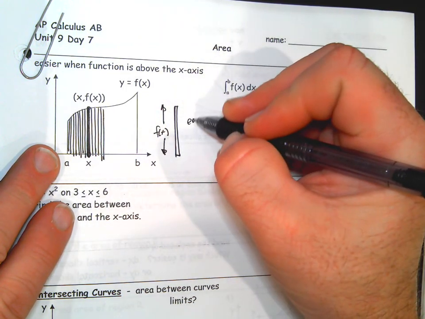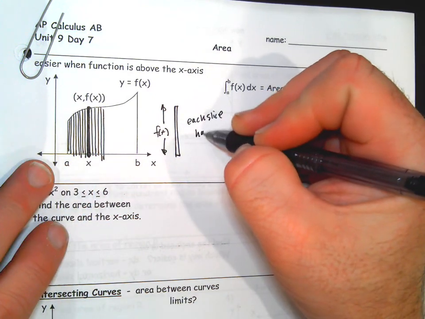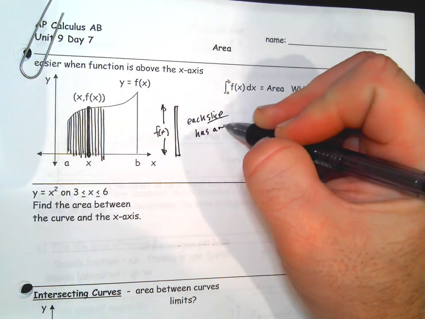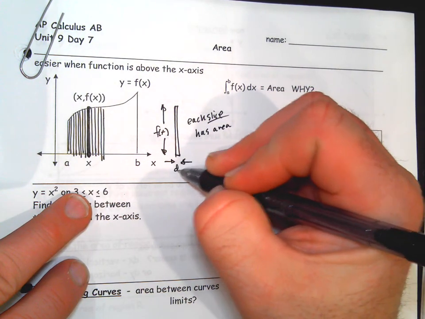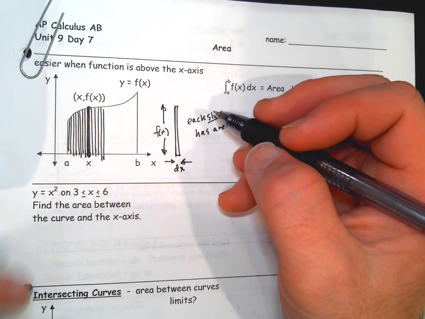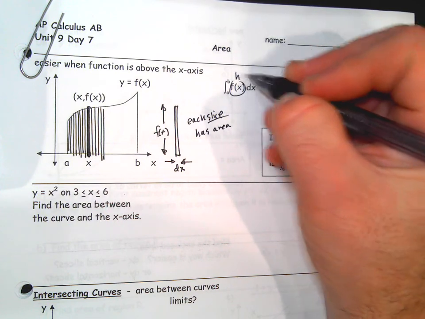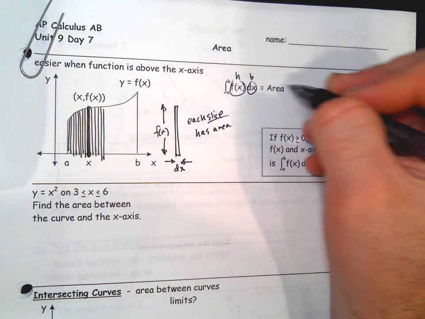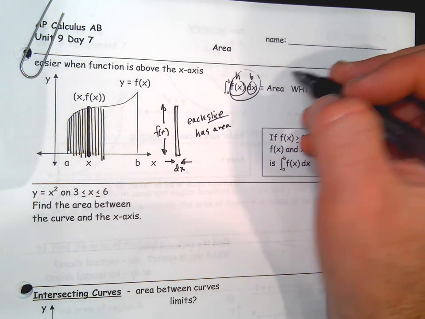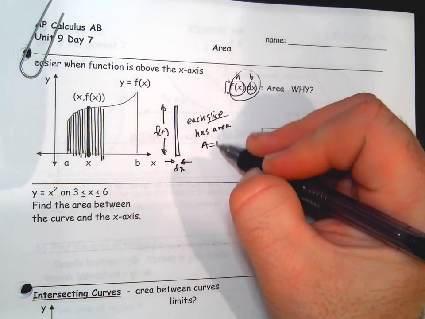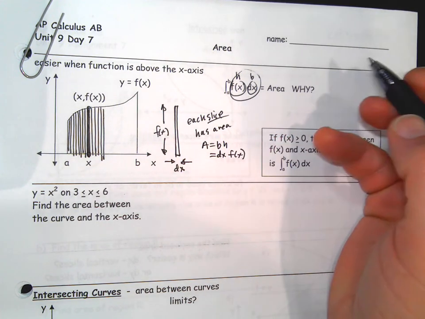Each infinitely thin slice has an area. The thickness we call dx, a very small change in x. When you integrate, this is the height of your rectangle, this is the base, and that gives you the area of a single rectangle. Then we accumulate all of them to get the area.